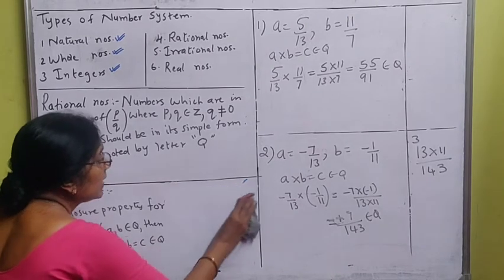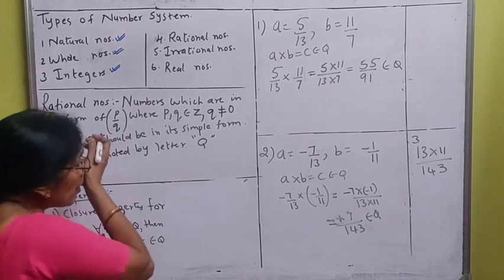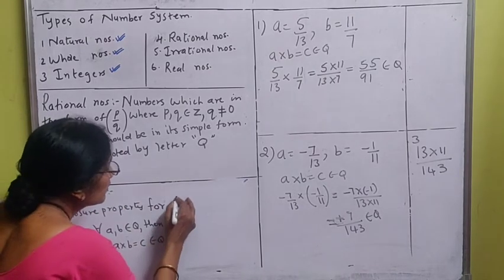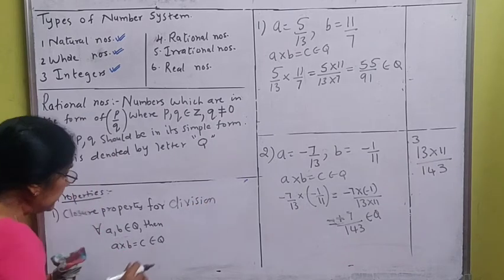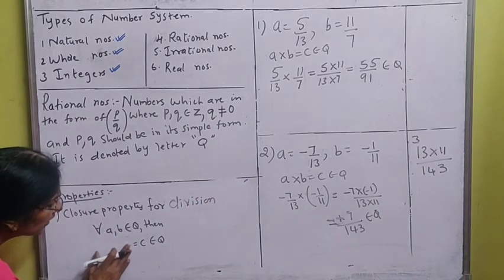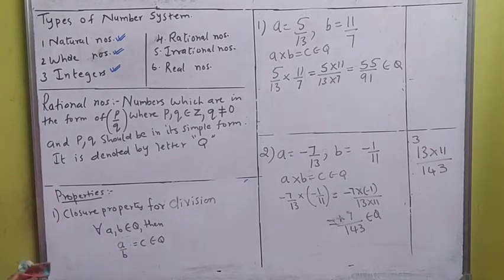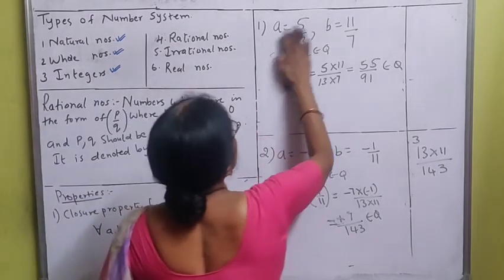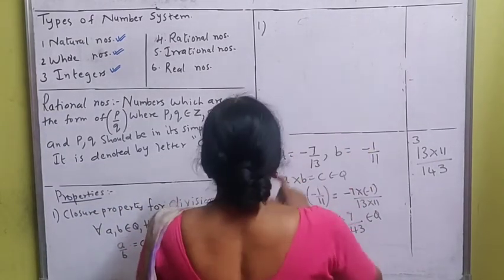Now we will see the last fundamental operation for closure property, that is closure property for division. Here everything remains the same, only this changes: A by B is equal to C belongs to Q. Let us take the example for division.